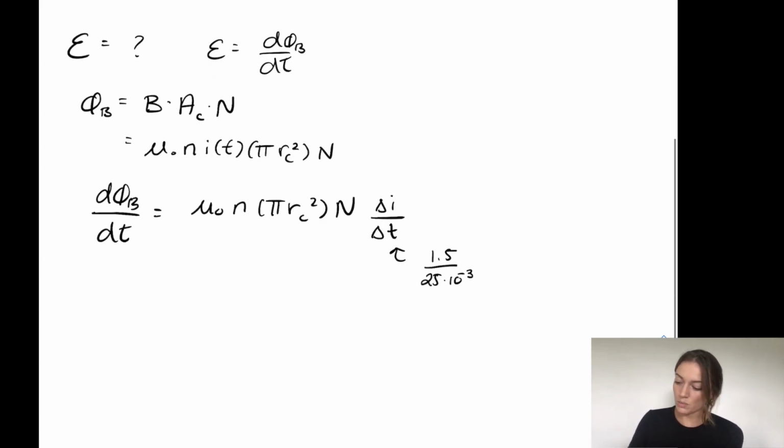So then I'm going to want to plug in all of these numbers. I plug in mu naught. n is 2.2 times 10 to the 4 for the solenoid, and then I have pi times the radius of my coil, which is 0.0105 squared, and then I multiply by 130 for the total number of turns in my inner coil, and then I multiply by delta I over delta t, which is 1.5 over 25 times 10 to the negative 3.